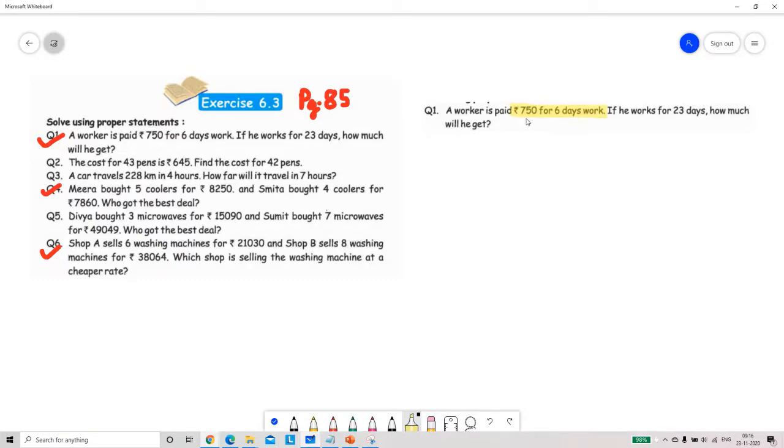If the worker is getting 750 rupees for 6 days work, then how much money will the same worker be earning for one day? We have to find that also. If he works for 23 days, how much money will he get?